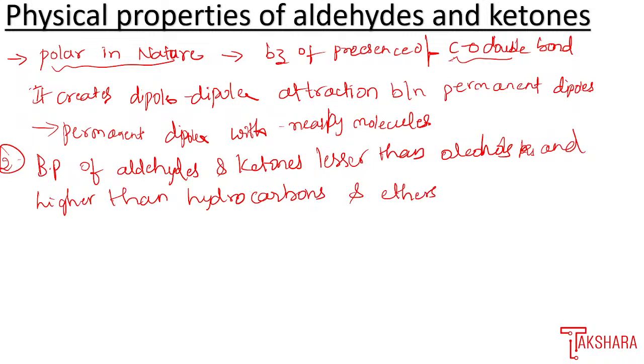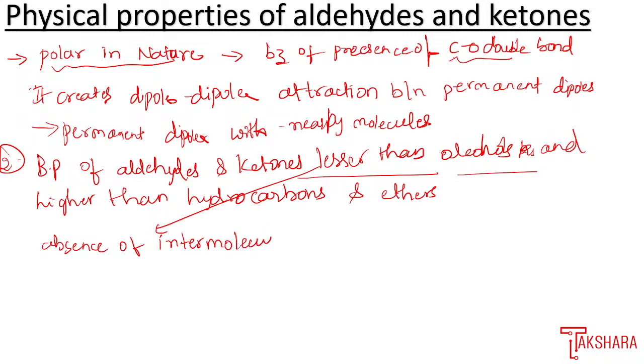Why are aldehydes and ketones lesser than alcohols and higher than hydrocarbons? Because of the absence of intermolecular hydrogen bonding. So what happens here? With aldehydes and ketones, between nearby atoms or groups, intermolecular hydrogen bonding is absent.